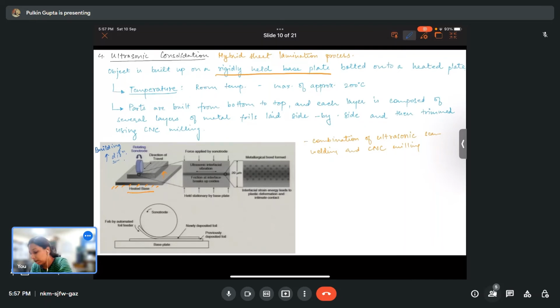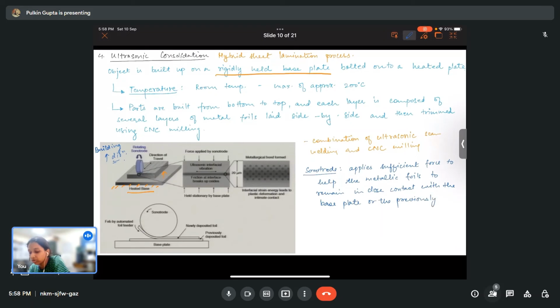So this sonotrode applies sufficient pressure or force to help the metallic foils remain in close contact with the base plate or the previously bonded layer, so that you have a coherent solid structure.